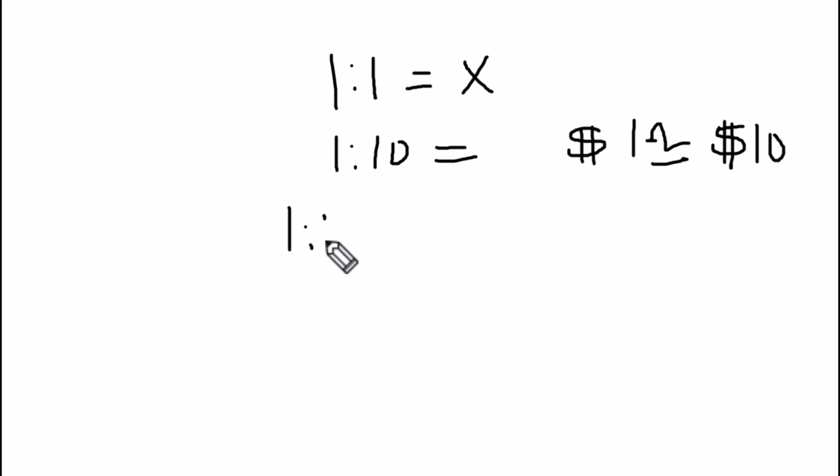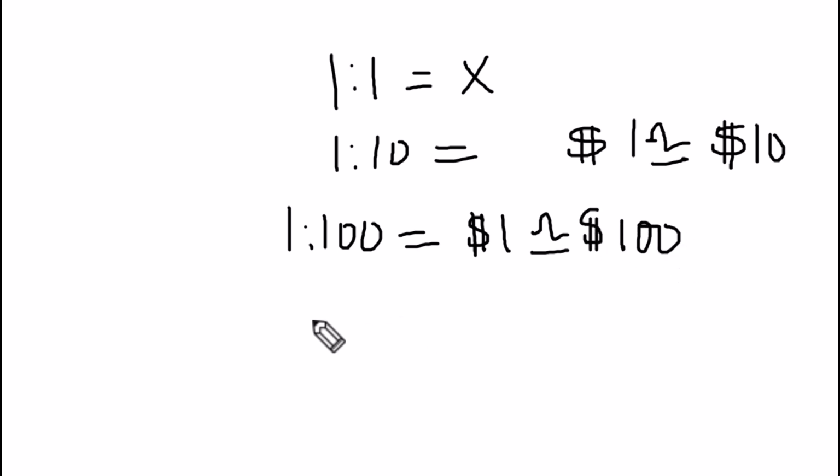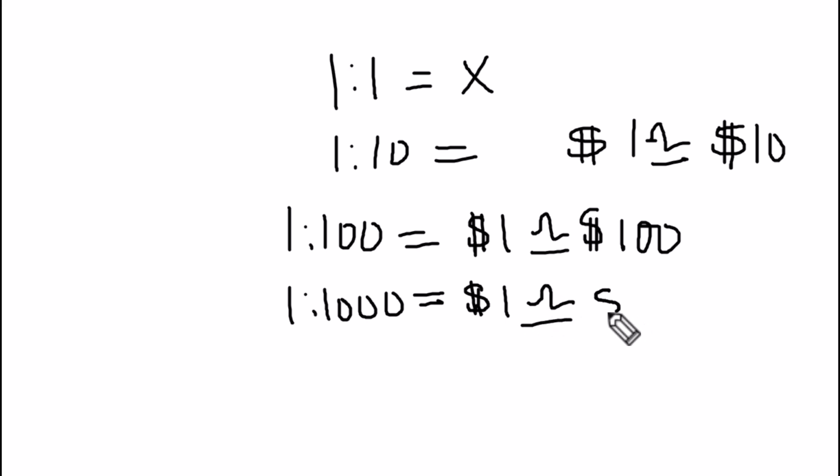Ratio 1:100 means if you have $1, you can take a trade up to what? $100. Ratio 1:1000 means if you have $1, you can take a trade up to $1000.